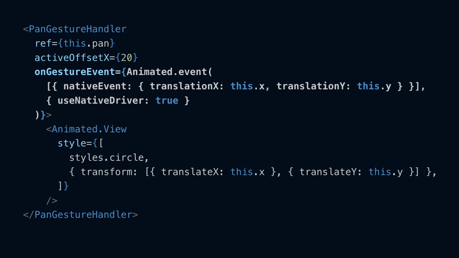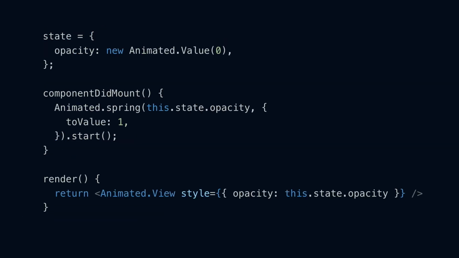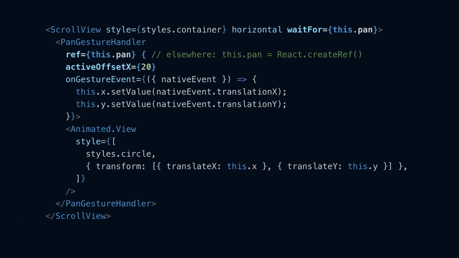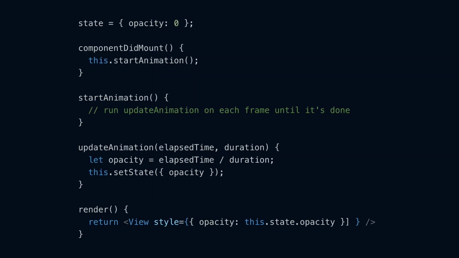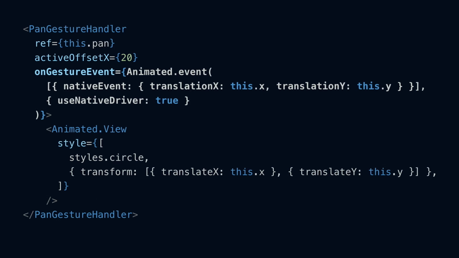Now, of course, if we go back to the gesture, you can see that we have this onGesture event, which is a function again. That's another thing that we can't serialize. So we would still have to call back into JavaScript for that if it weren't for this other utility called Animated.event. What this does is it allows you to map some inputs of an event to some other variables.